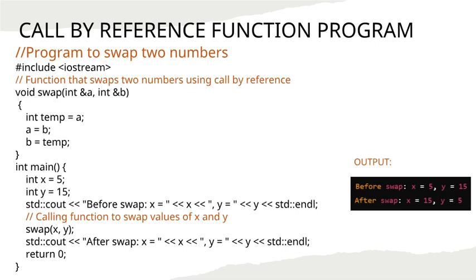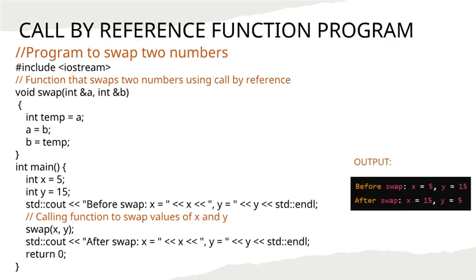Inside the swap function, a temporary variable temp is used to temporarily hold the value of a. Then, a is assigned the value of b and b is assigned the value stored in temp, effectively swapping their values. In the main function, two integers x and y are initialized with values 5 and 15, respectively.